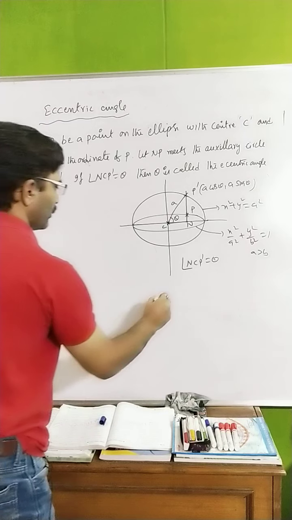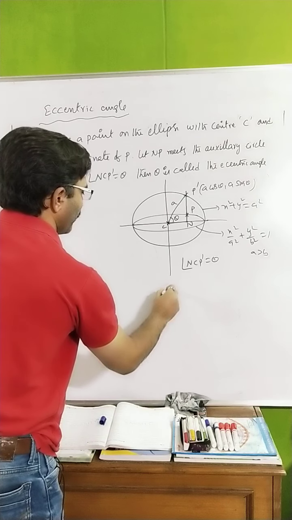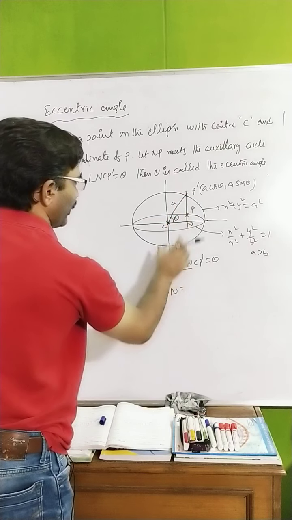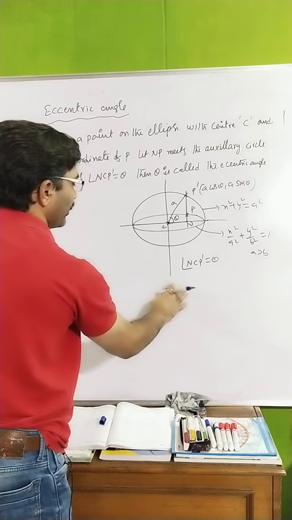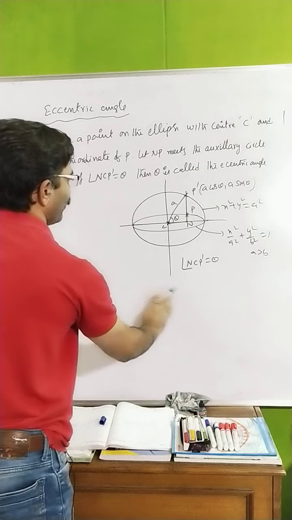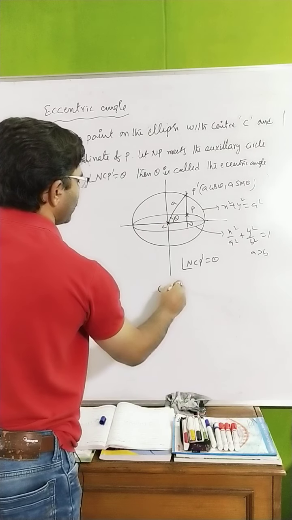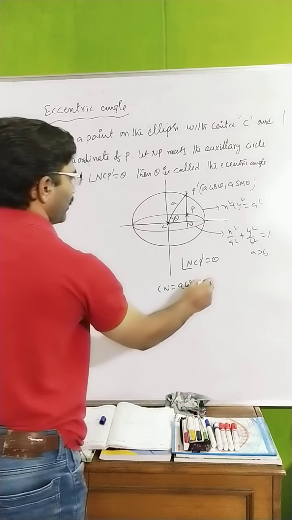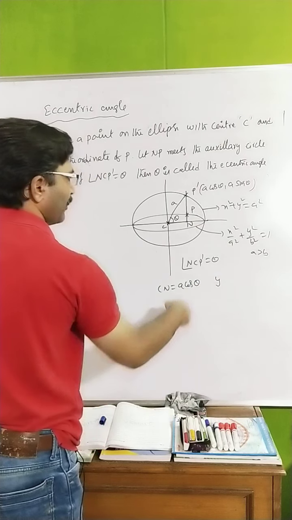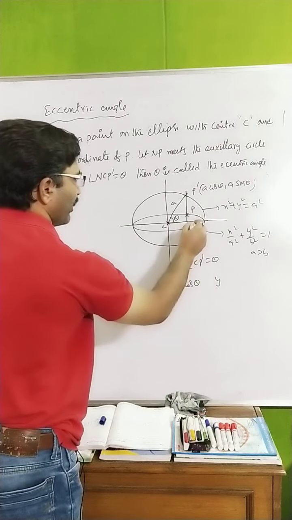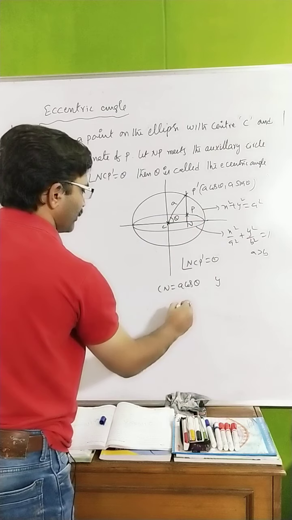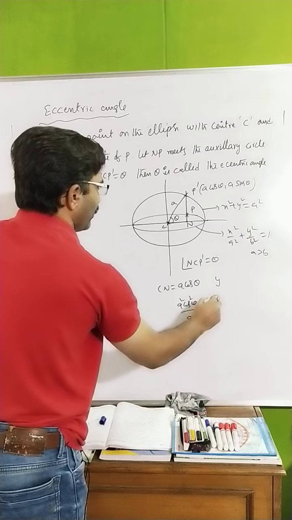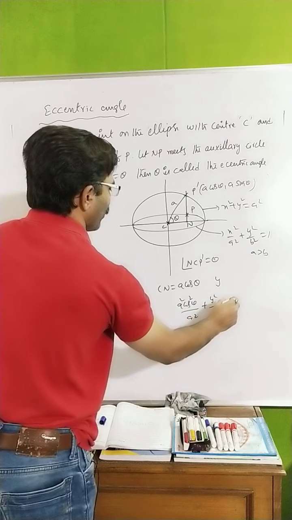Now P, suppose PN. We have to get PN. How to get PN? We know very well that CN is equal to A cos theta. Let us say PN we don't know, Y. Substitute A cos theta comma Y in the equation of the ellipse. So you will get A square cos square theta by A square plus Y square by B square equal to 1.